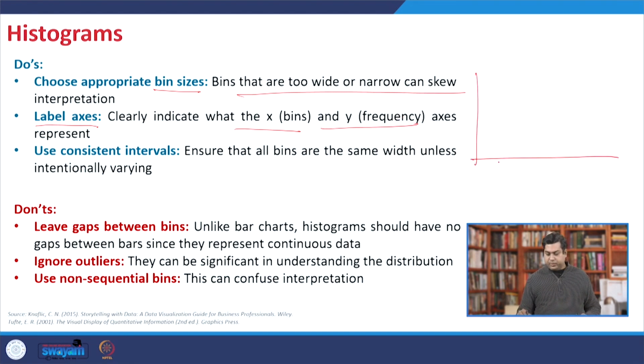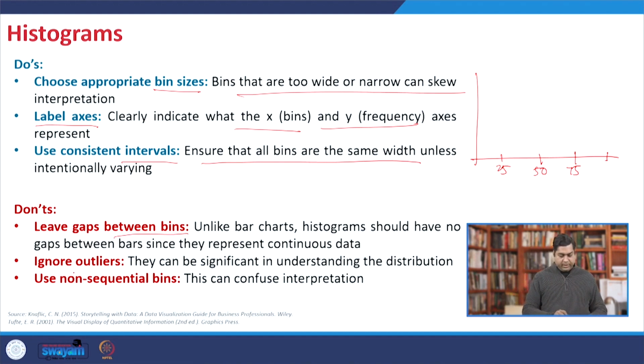So, for example, if it is the age group, then 0 to 25, 25 to 50, 50 to 75 and more than that, or maybe you can change accordingly. Use consistent intervals, that will give you a better representation. Do not leave gaps between bins. So, there should not be any missing data in between.